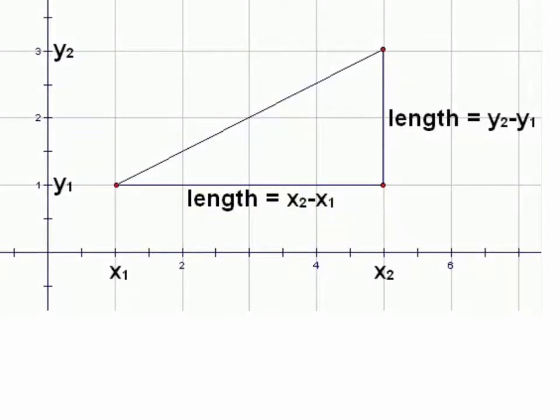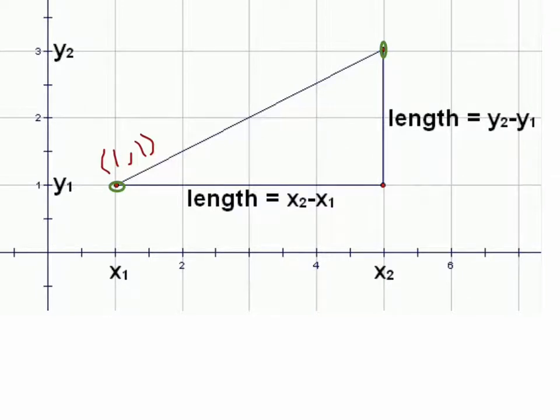So let's label some points here. So first point here is 1, 1. So we're trying to find the distance between these two green dots I just drew in.